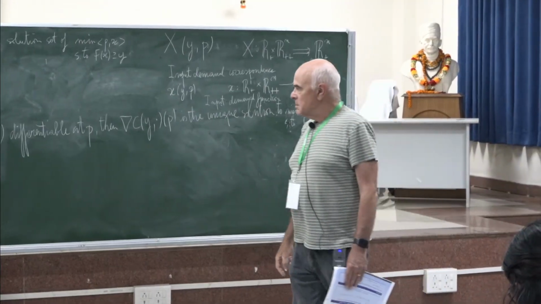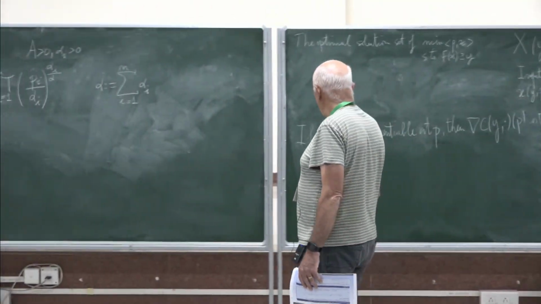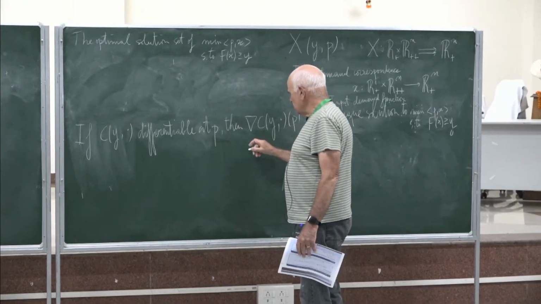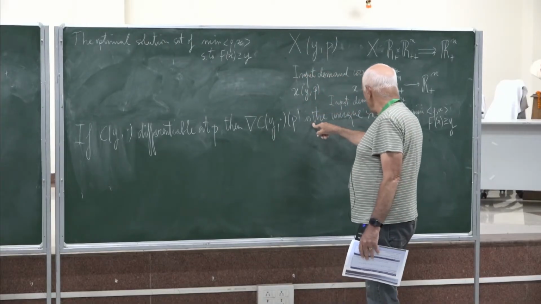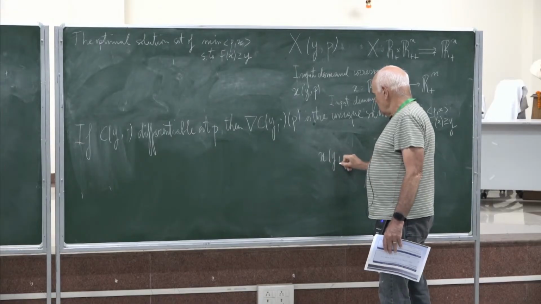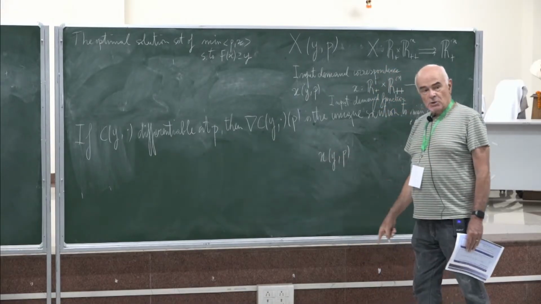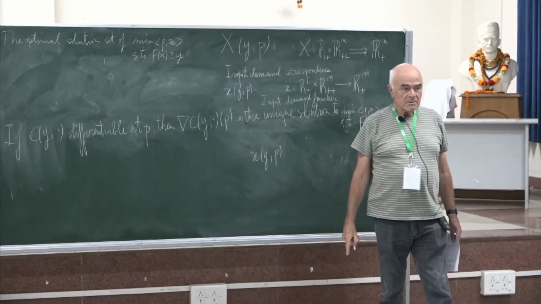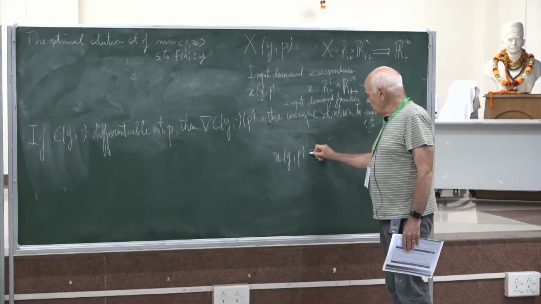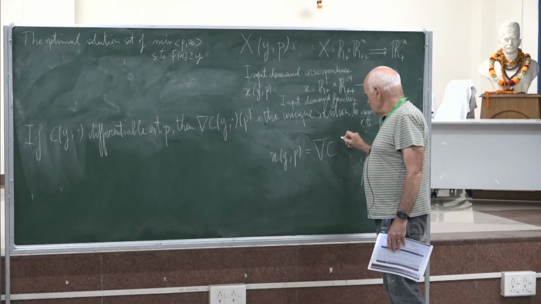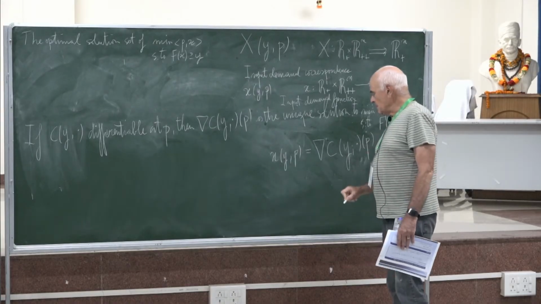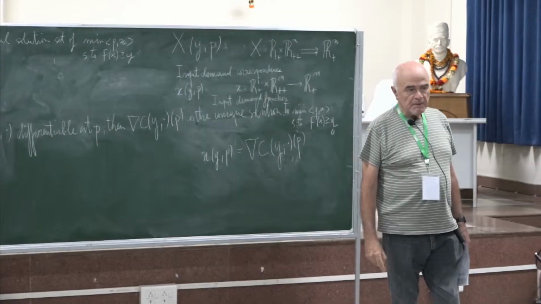So what this is saying is that if this is differentiable, then little x of y, p is well defined because the solution is unique and coincides with the gradient of C as a function of prices at p.